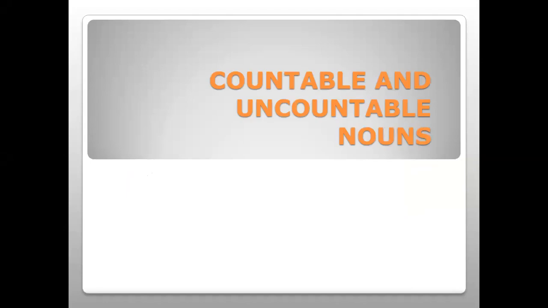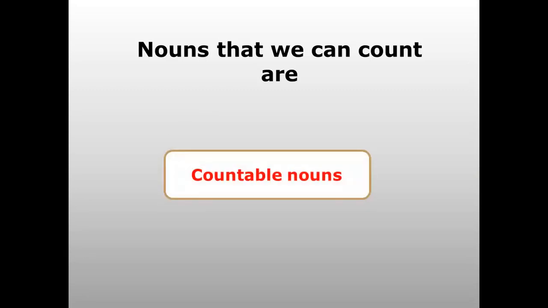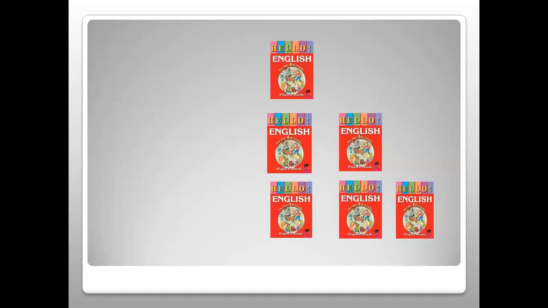Our session now is about countable and uncountable nouns. Nouns that we can count are countable nouns. I can count it. For example, I can count the word book.